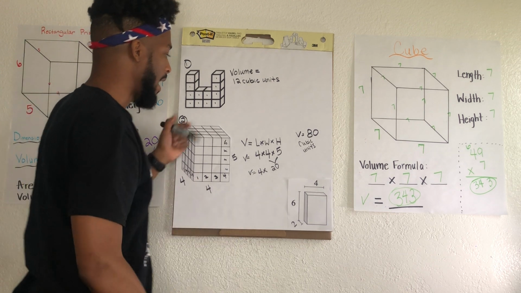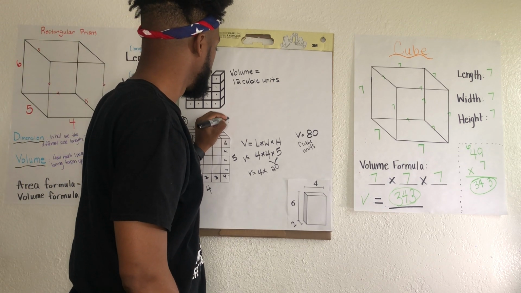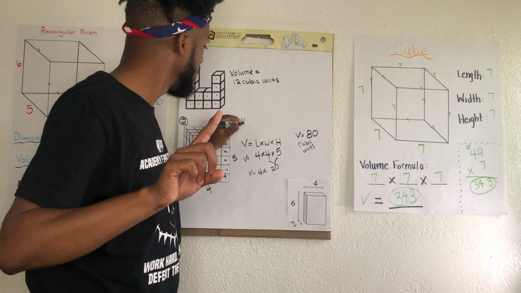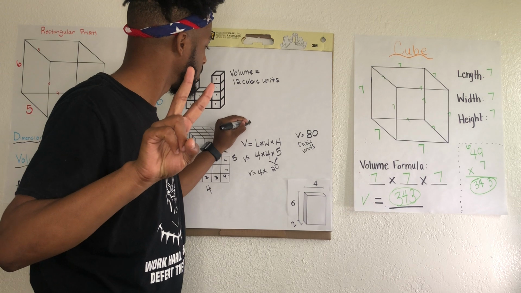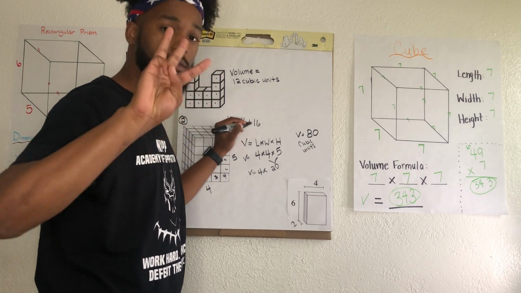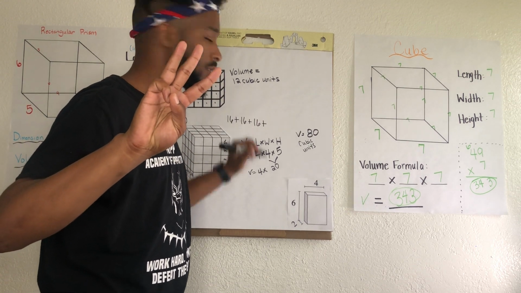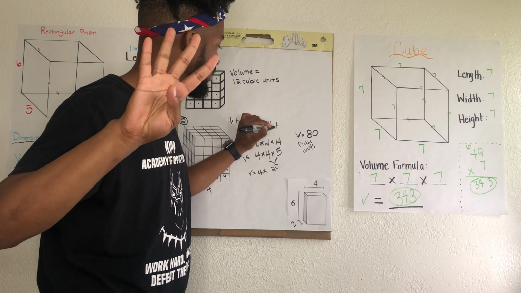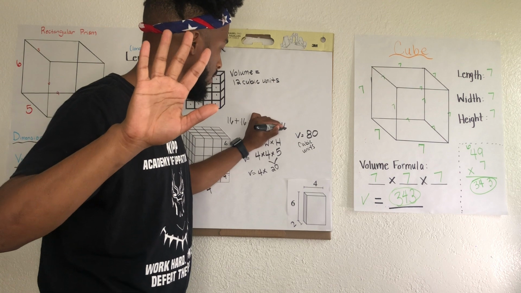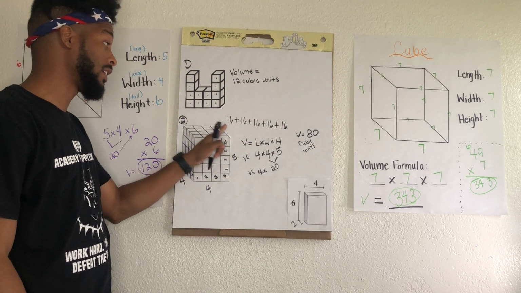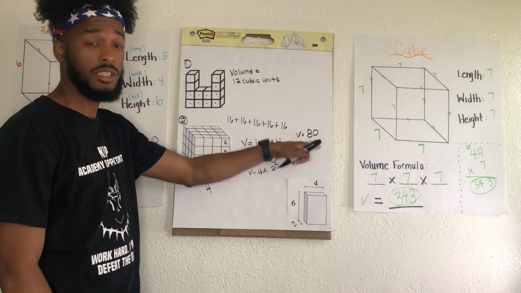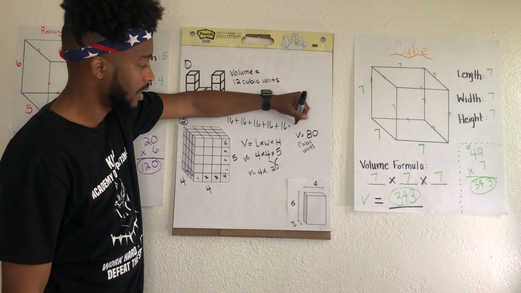So I can add 16 plus 16 plus 16 plus 16 plus 16. If you add 16 five times, it is equal to 80.